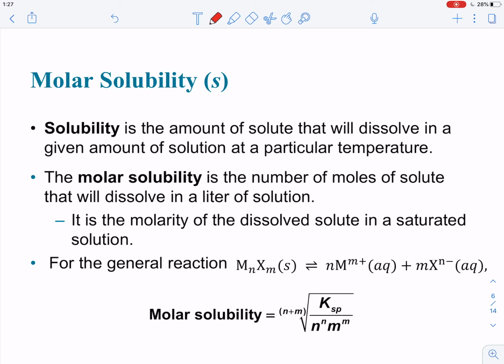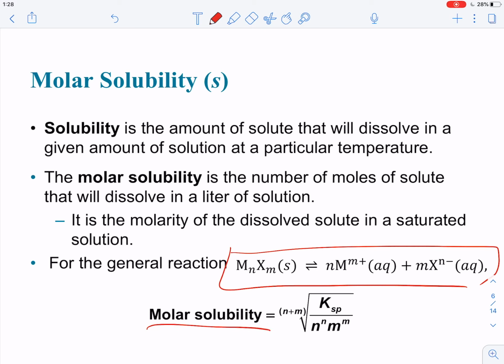We can apply sort of a regular formula, or I don't find something that is easier to grasp, but if we have this general formula, then the molar solubility is simply a root. What root? Well, it depends on the stoichiometry of the reaction. So it's not a square root, it could be a cubic root, it could be a fourth root. It depends on the stoichiometry of the Ksp divided by the stoichiometric coefficients raised to that power.